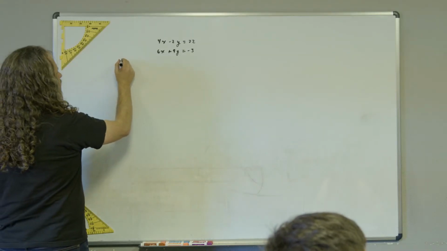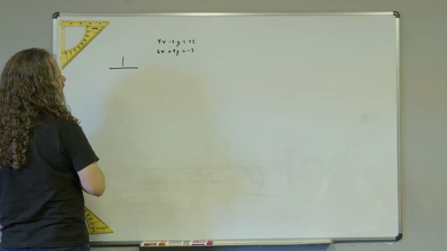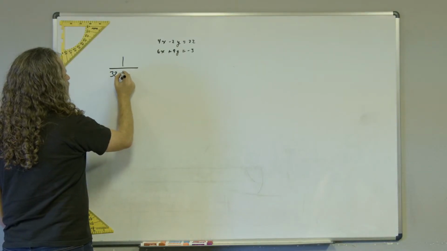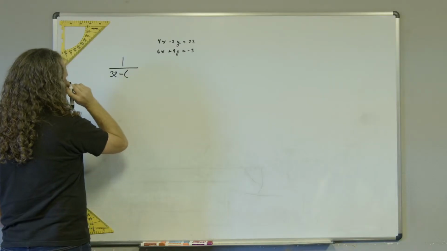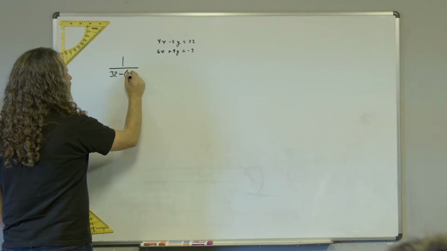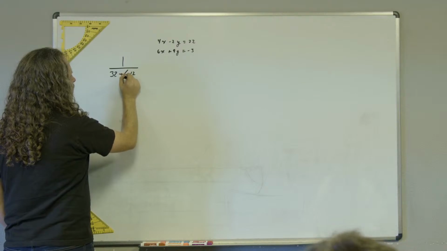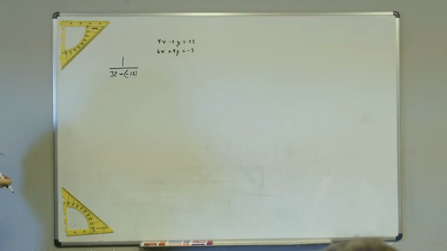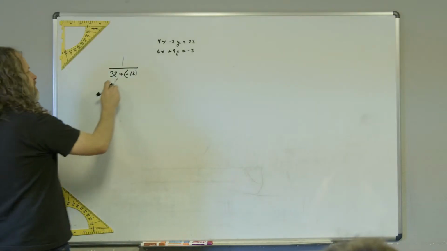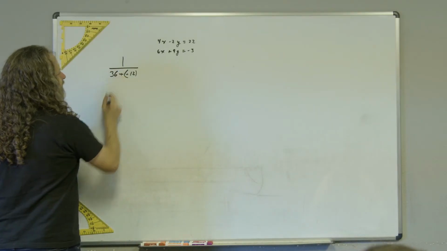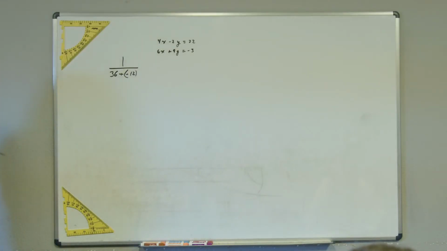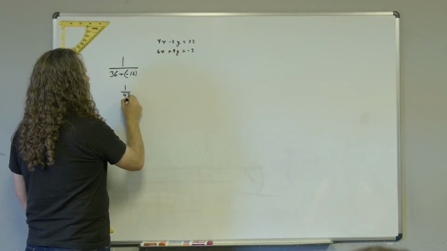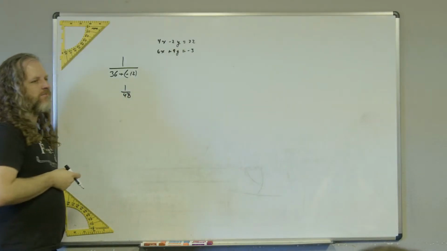So 1 over 4 times 9 is 36, minus 6 times 2 is 12, and it's negative. 36, right? So where are you getting 36? 4 times 9. Oh yeah, why did I write 32? Because you told me. It's all your fault. 1 over 48. Great. And now what?